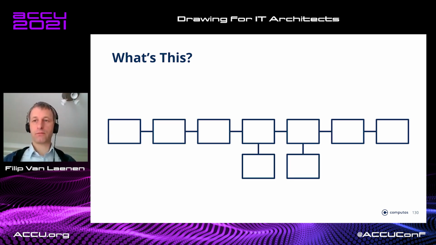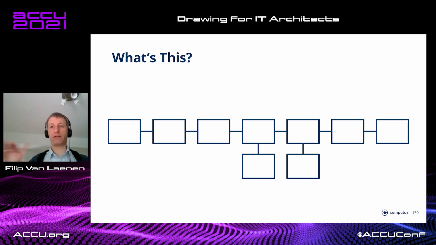This drawing is logically the same as this one. The rectangles are connected in exactly the same way, but they're ordered in a different way so that you understand, okay, these are 7 rectangles with 2 on the side.